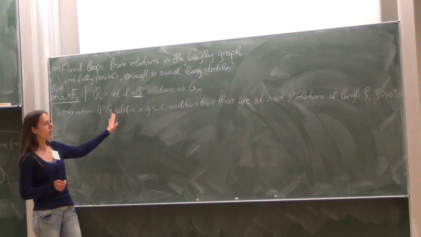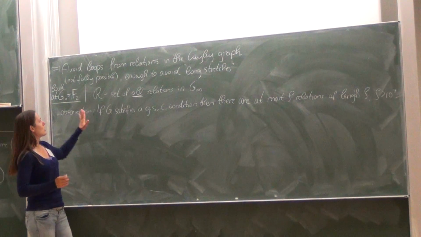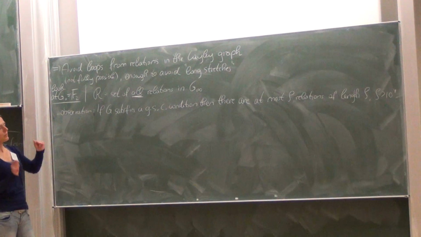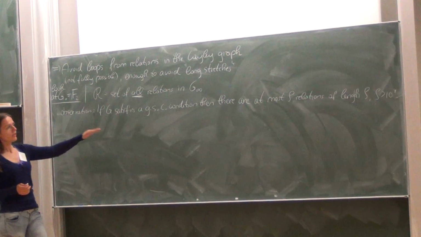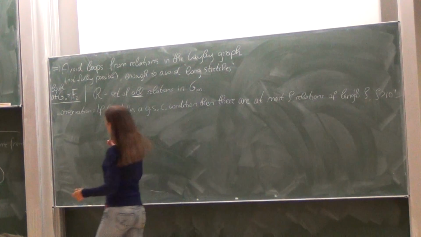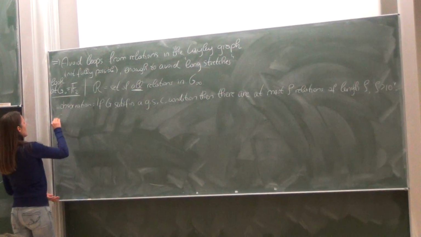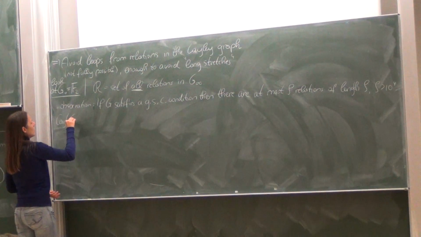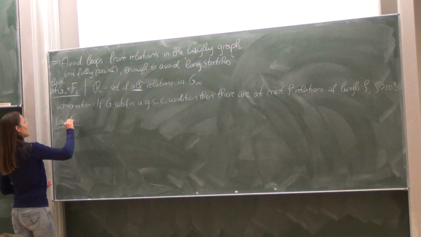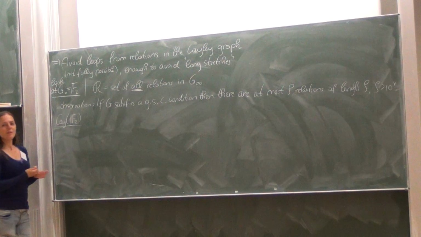If you think about all the words of length rho, which in 2 generators you have order 2 to the rho, then there are only rho many which will become relations. So you look at the Cayley graph of G0. So this is now the Cayley graph of G0, or better, the Cayley graph of the free group.